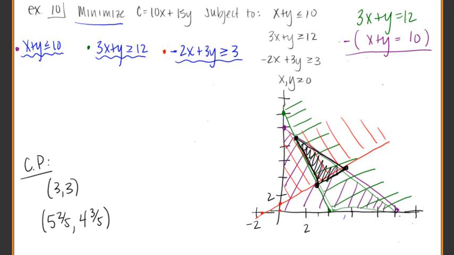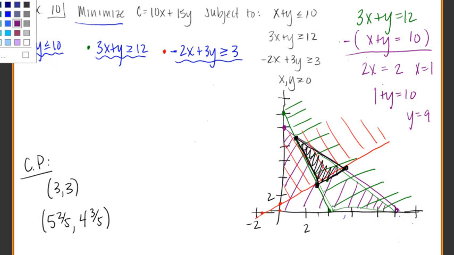So 3 minus 1 is 2x, y minus y is 0, and 12 minus 10 is 2. So this gives us an x value of 1. That's not too bad whatsoever. And then the second part is, let's go to the second line to help us out. What can you add to 1 to get 10? Obviously, y has got to be 9. So our last corner point is going to be the point 1, 9.